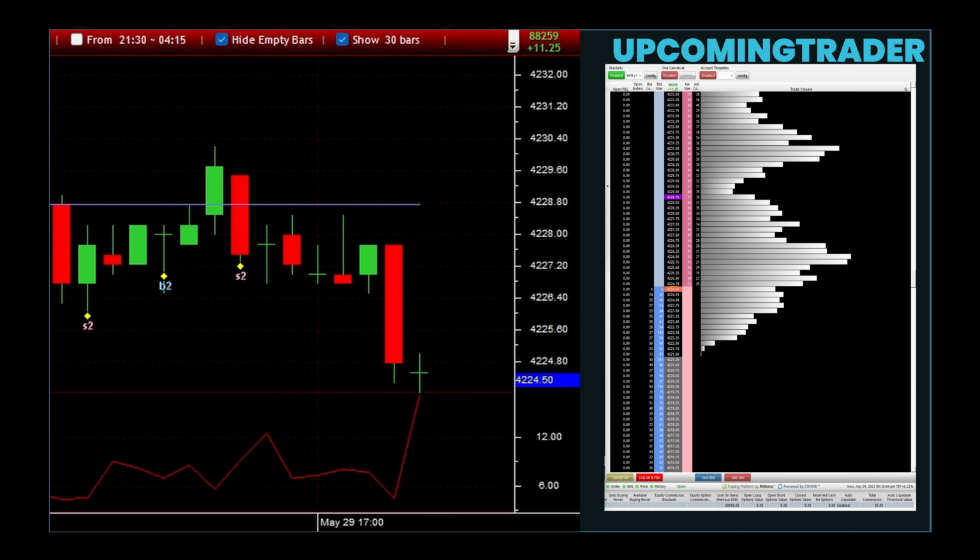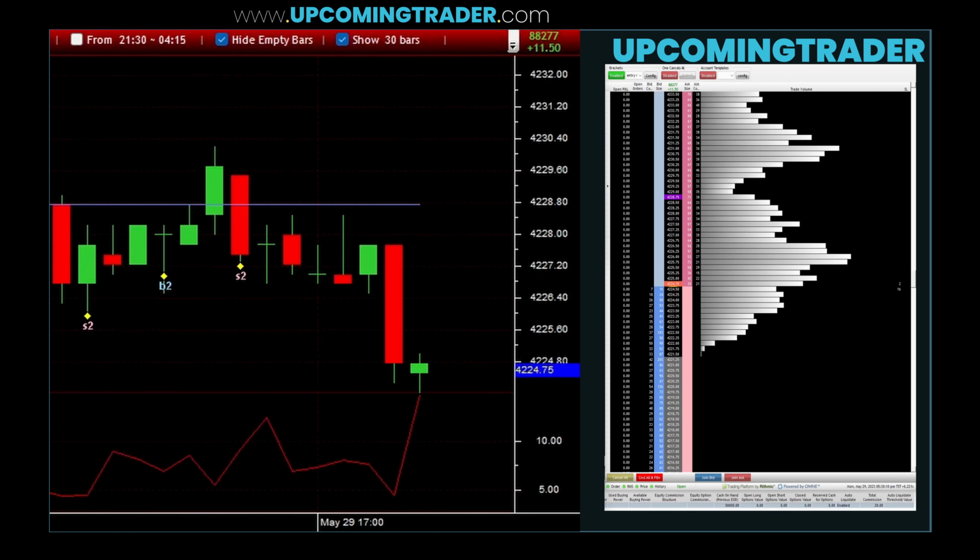Each pattern tells a story about how buyers and sellers interact, where they find value, and where they reject it. By recognizing these patterns and using them to anticipate future price action, traders can align their strategies more effectively, improve timing, and ultimately increase their success in navigating the complexities of the market.